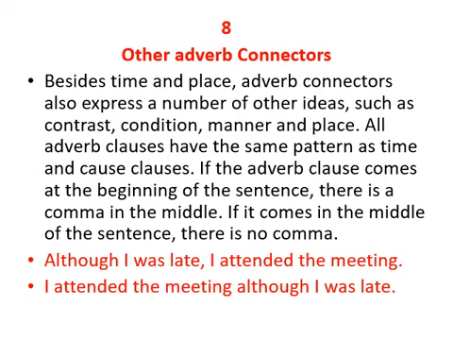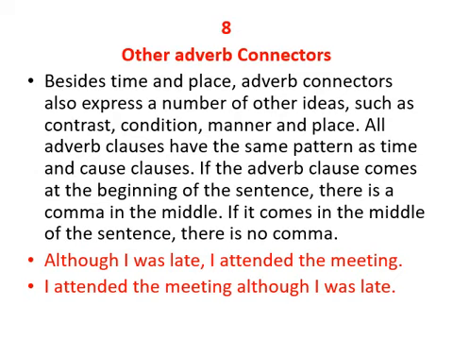Adverb connectors also express a number of other ideas, such as contrast, condition. انتوا خدتوا اكيد بتفتكروا دي دايما حاجه اسمها الconditional sentences الشرط. manner and place. طيب besides اللي فوق دي besides time and cause اللي هم خدناهم في الثانيه. في بقى برضو manner and place.